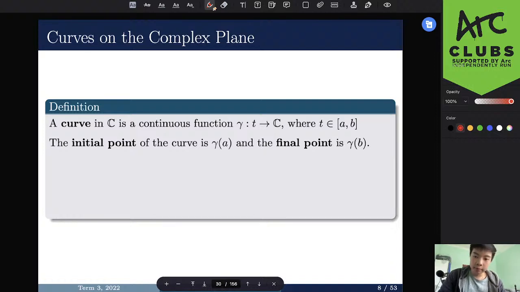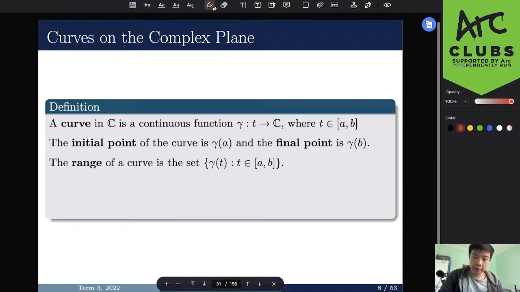A curve starts somewhere, travels, and then it stops somewhere, and it has a parameter which ranges from a to b, and we define the curve at t equals a to be the initial point and t equals b to be the final point.